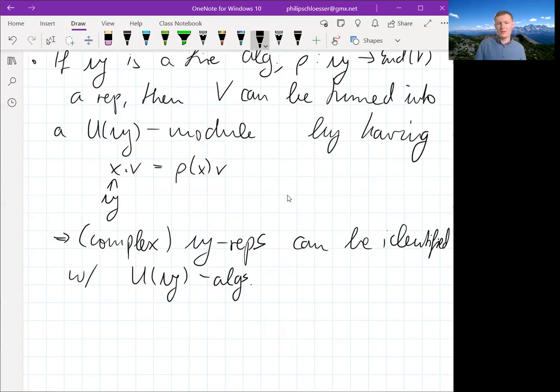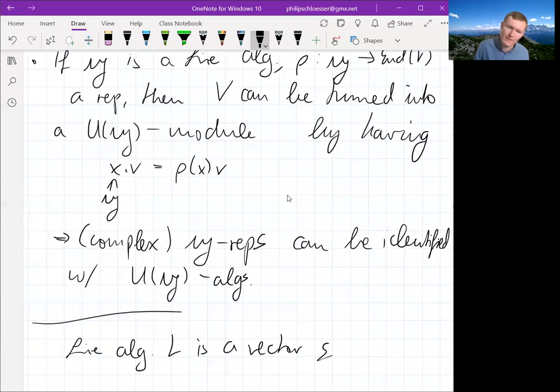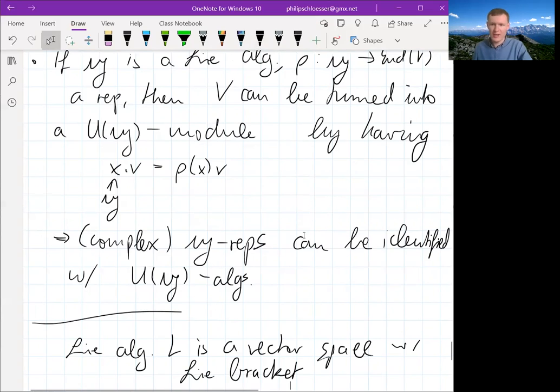No, I just mean, if you have a Lie algebra L, it is a vector space with Lie brackets, defined as some bilinear operation with the Jacobi identity.